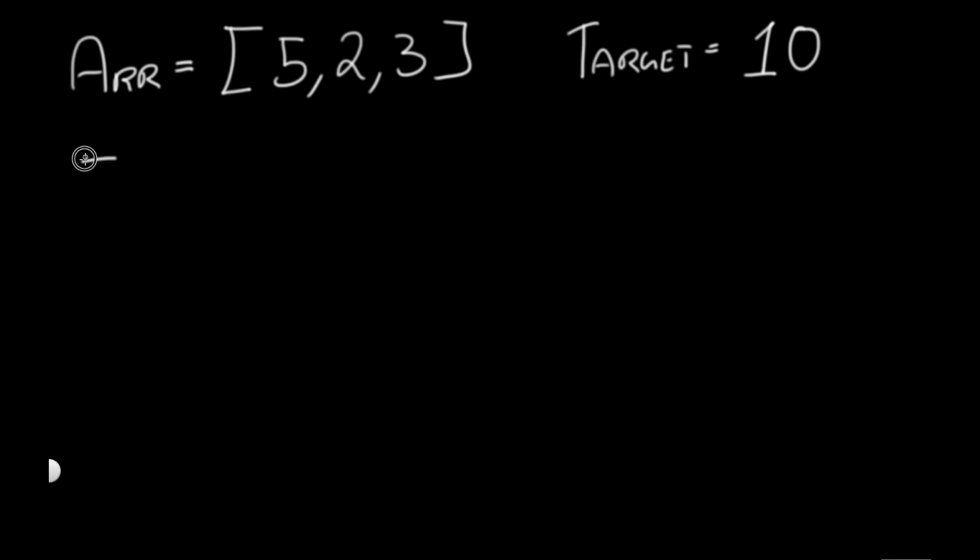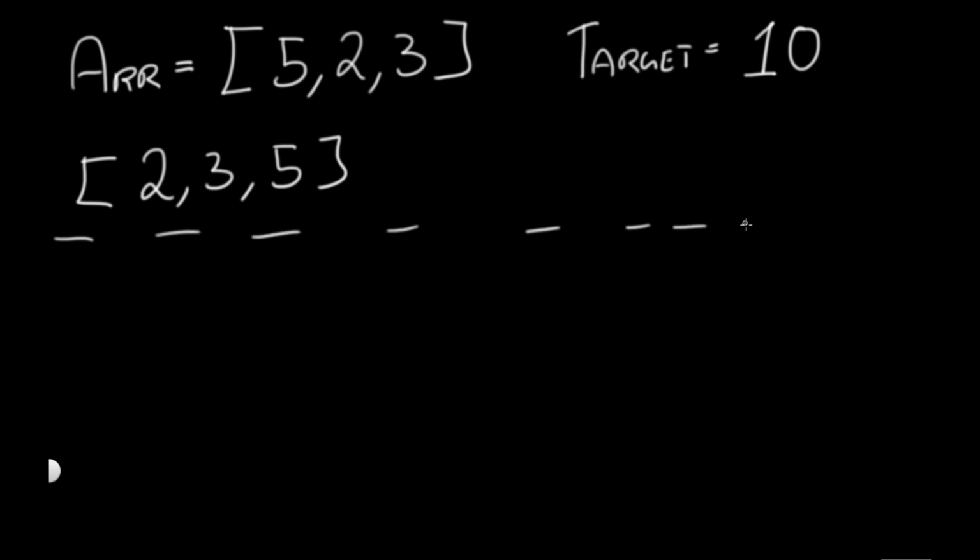We're going to do that real quick, and we get 2, 3, 5. Now that we have this, it's going to make it a lot easier to find the answer. Now we're going to look at the length of the array. What is the length of our array? 1, 2, 3. We have a length of 3, and our target is 10.